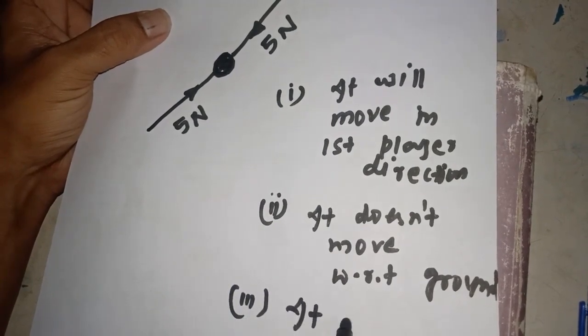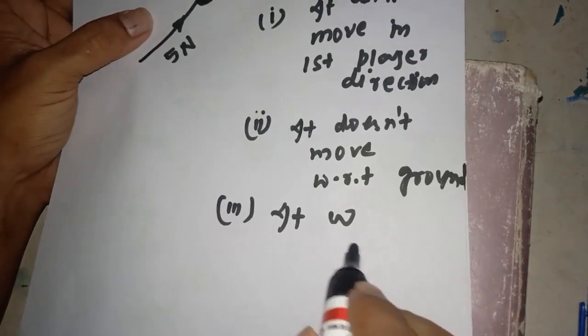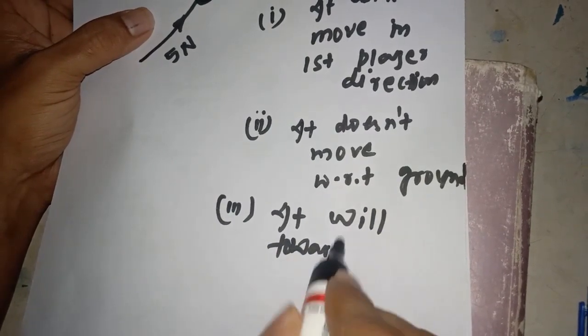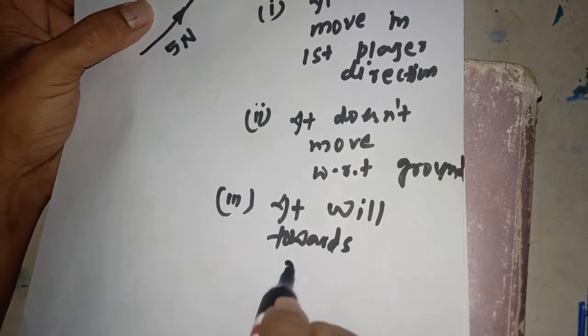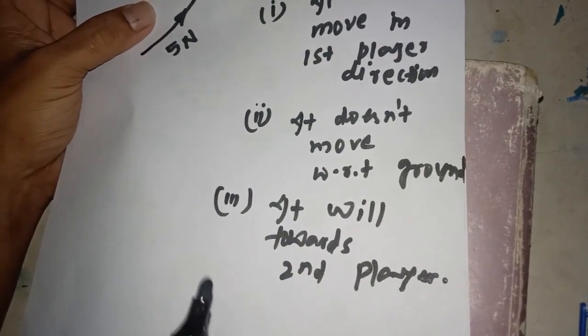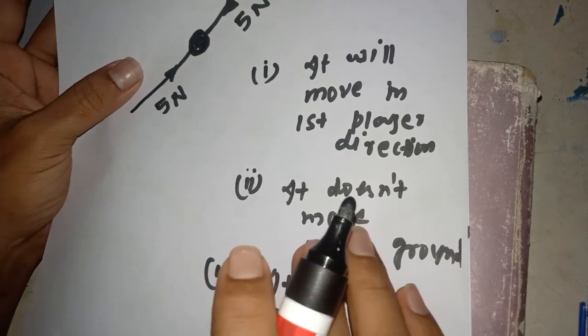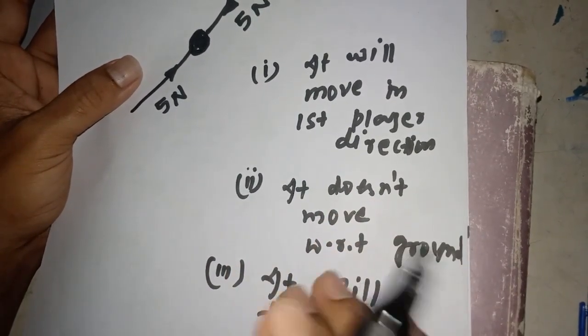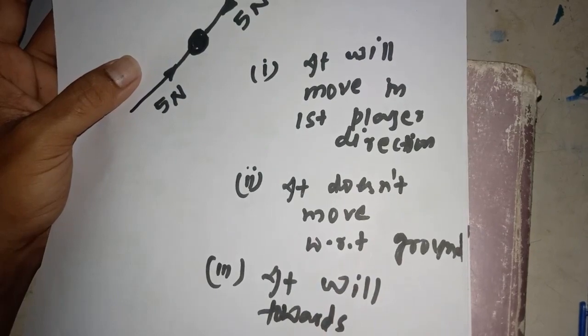Or third, it will move towards the second player. What would be your answer? It will move towards the first player or second player, or it doesn't move at all?